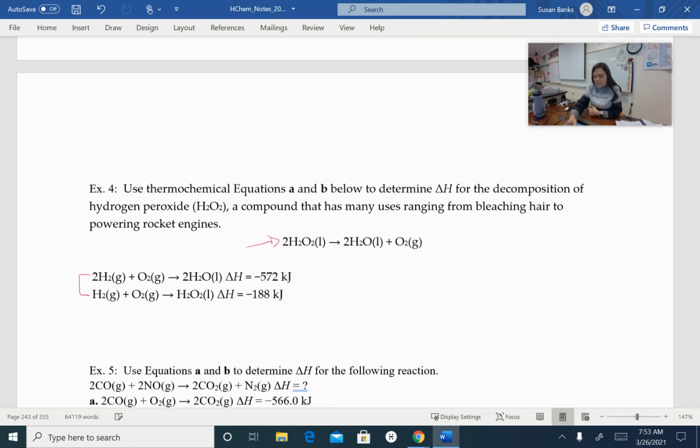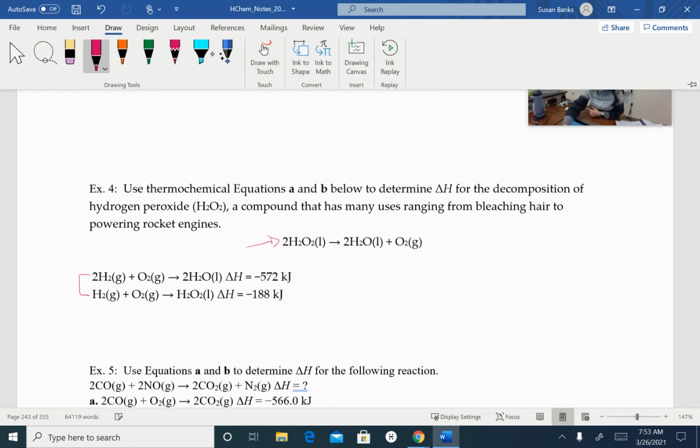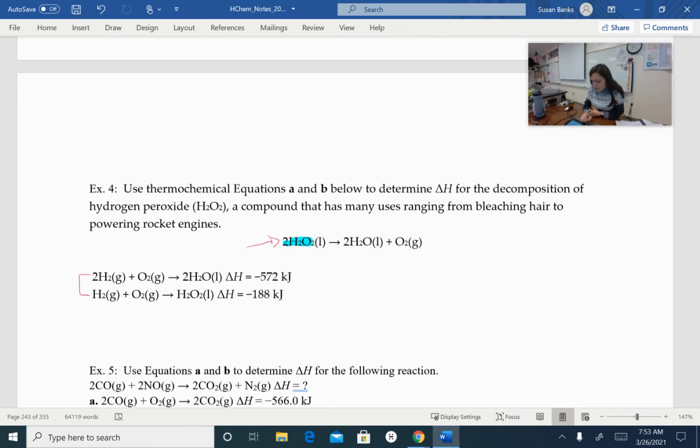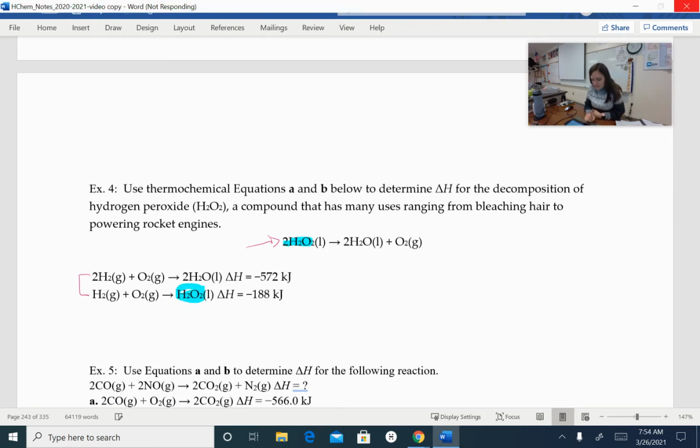What I usually like to do is look at what the reactants are. I've got 2 hydrogen peroxides, so I'm going to look at these equations and find where hydrogen peroxide is. I have it here.